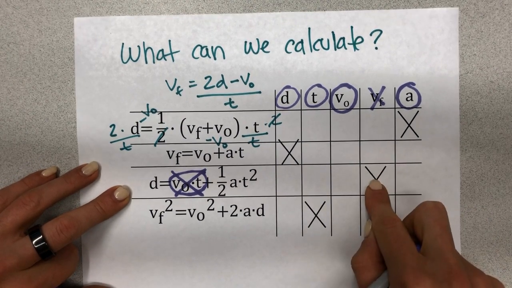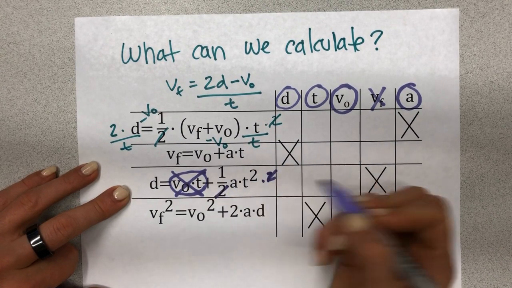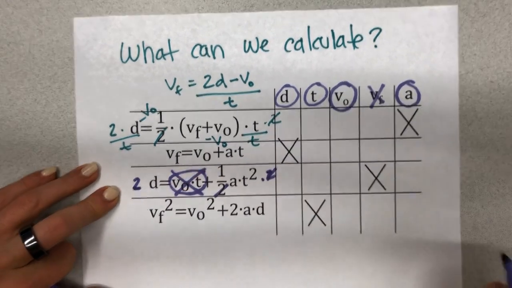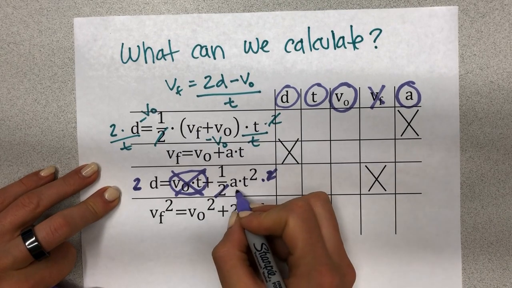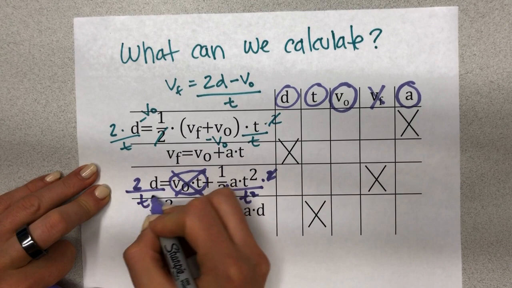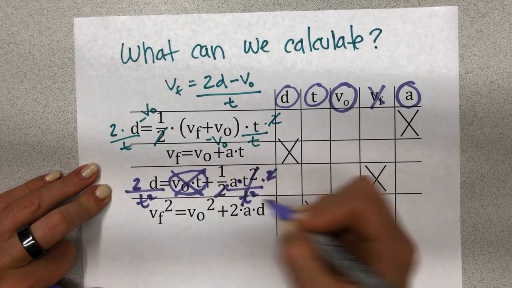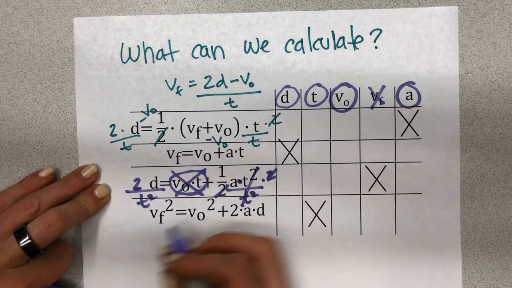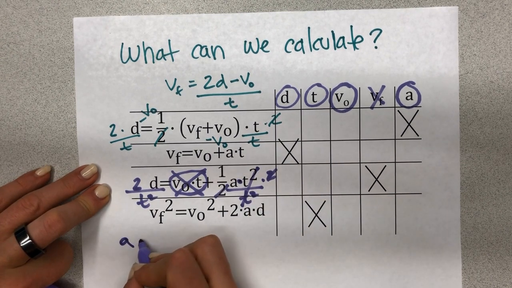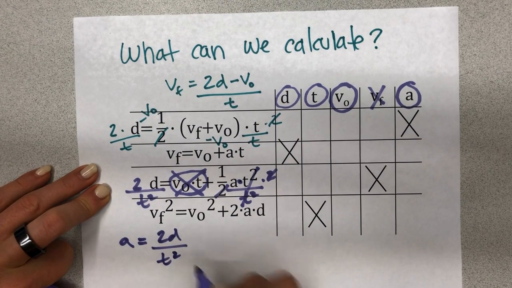We do not care about this one. So the first thing I'm going to do is multiply by 2 again to get rid of that. Then I am going to divide by t squared. I do that because right here we've got multiplication. If I want to get rid of this, I have to divide. Now I'm left with acceleration. Acceleration equals 2d over t squared.